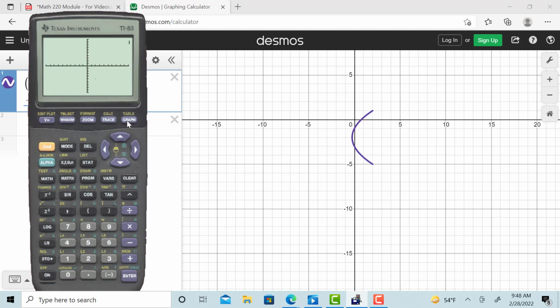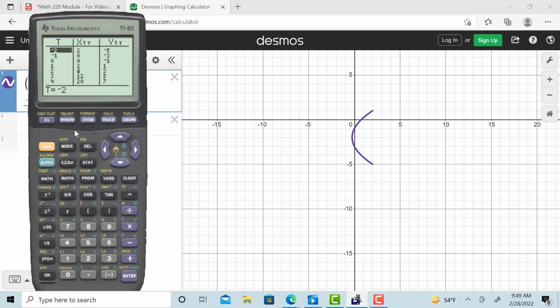And when we hit graph, we should see the same graph that we had in Desmos, which we do. And you can also go to the table, and you'll see some tables of values. So we're at -2. You can see x is 2, y is -5. We already calculated that. When t was equal to 1, we got x equals 2 and y equals 1.